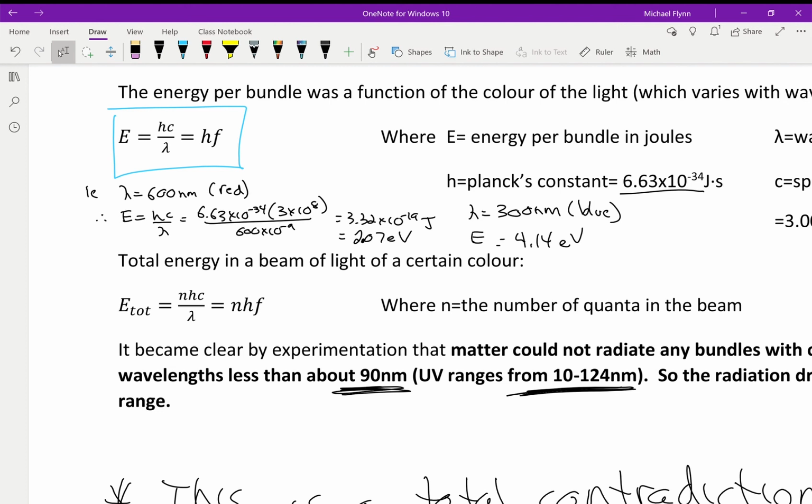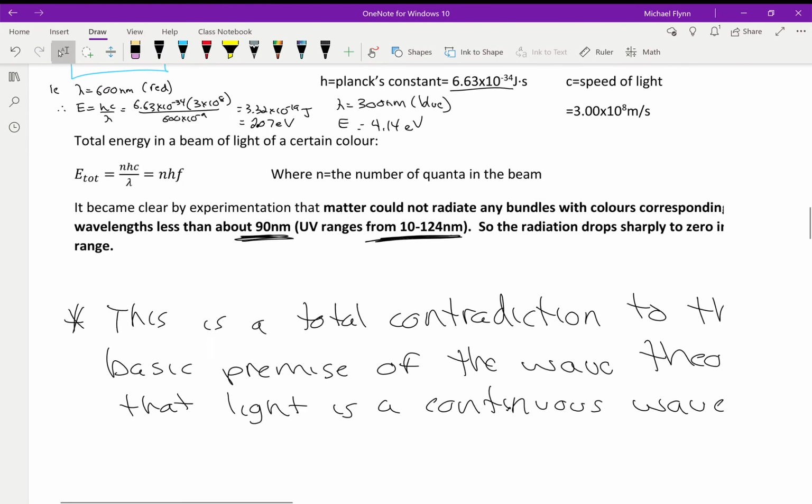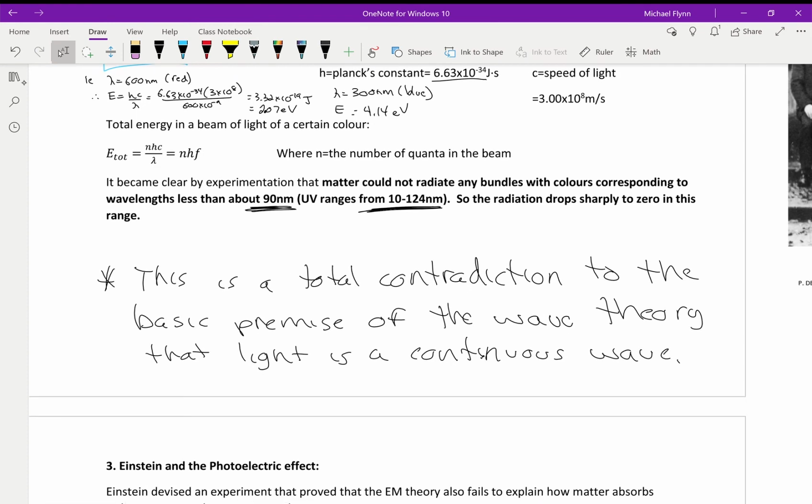Because if you have this little pulse, where are the two crests necessary to have a wave, and a wavelength for that matter? This is in stark contradiction to the basic premise that light is a wave. If you take a theory apart at its foundation, we start with light being a wave, and now that seems to be falling apart. We're in big trouble with the wave theory.